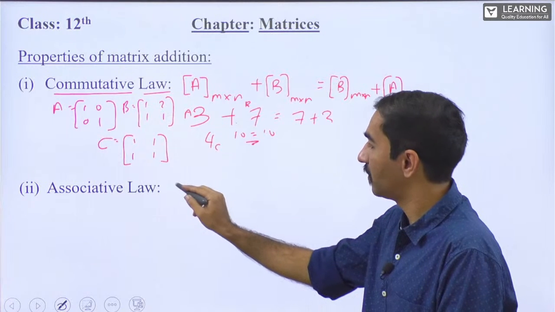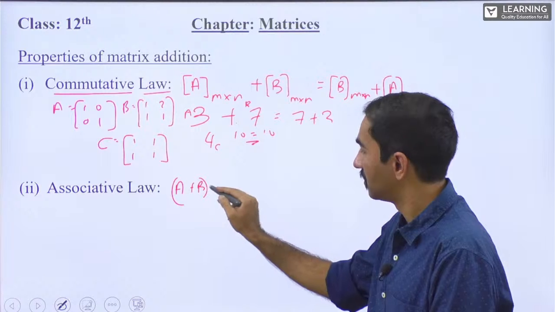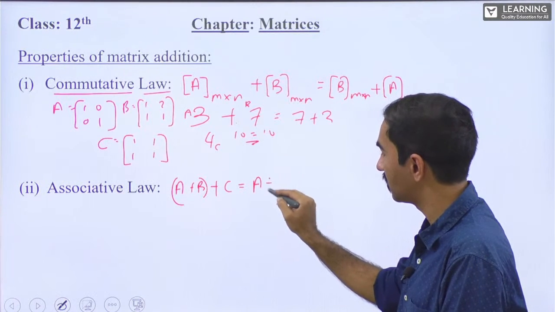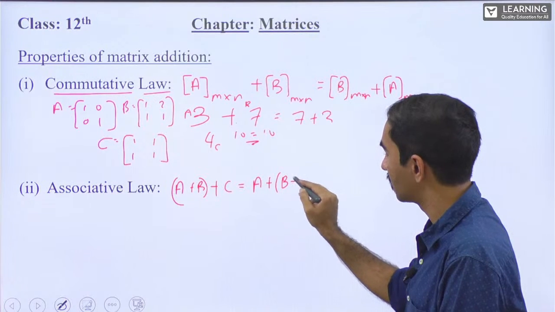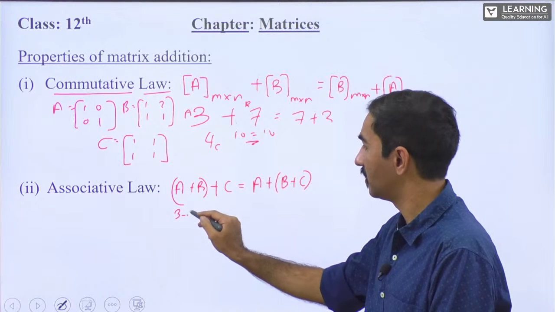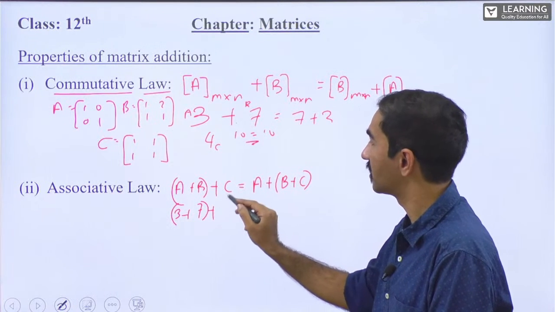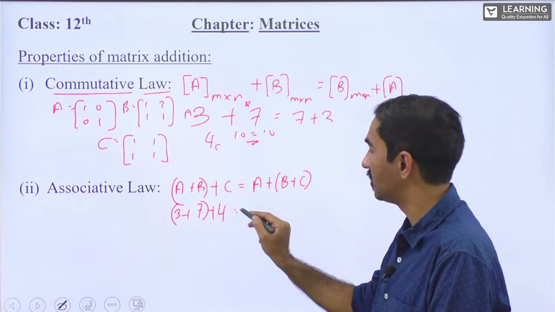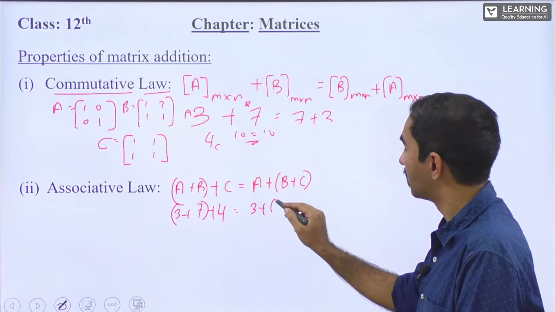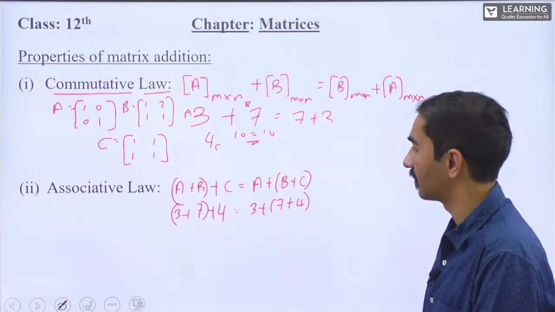Now what is the associative law? A plus B, plus C, should be equal to A plus B plus C, with the bracket on the other pair. Substitute the numbers, students. 3 plus 7 plus 4 is equal to 3 plus 7 plus 4 again.